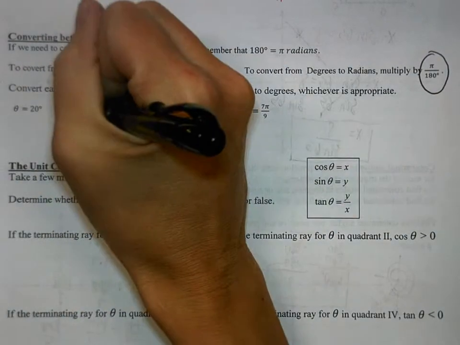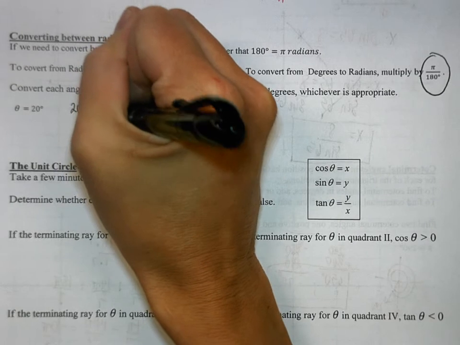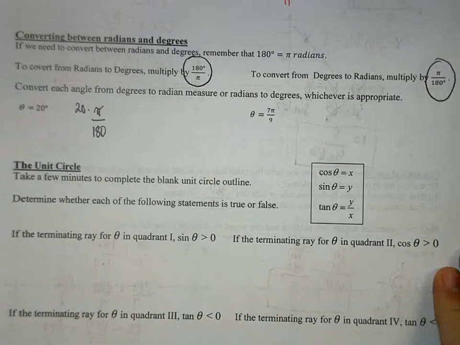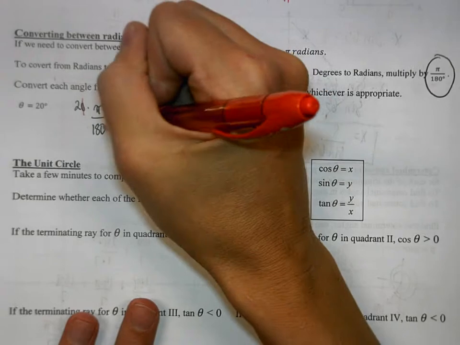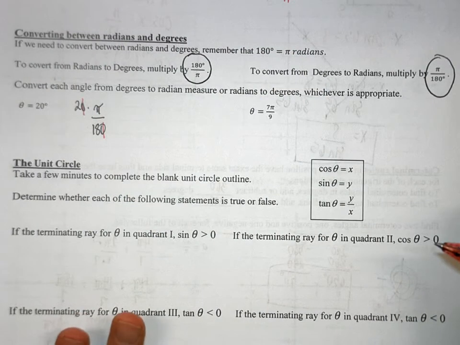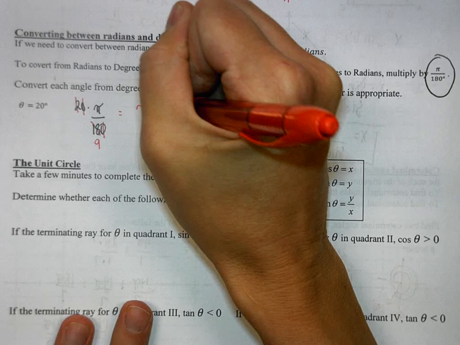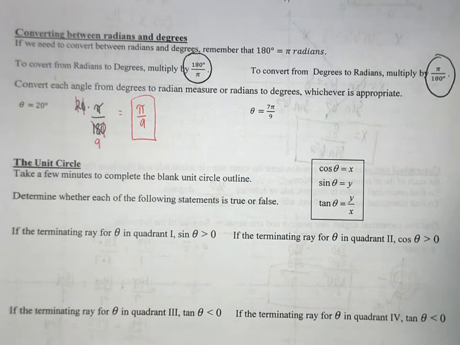So all you're going to do is take 20 degrees and multiply that by pi over 180. We're just going to reduce. Since I have a 0 on the top and a 0 on the bottom, those cancel, and then 2 goes into 18 how many times? 9. And so in terms of radians, the answer is pi over 9. 20 degrees is pi over 9.